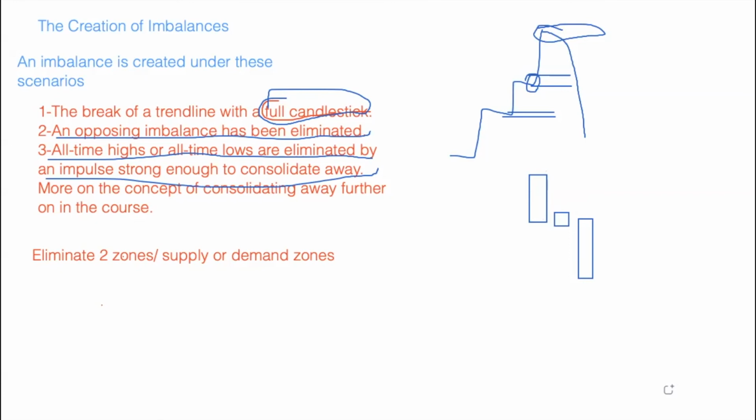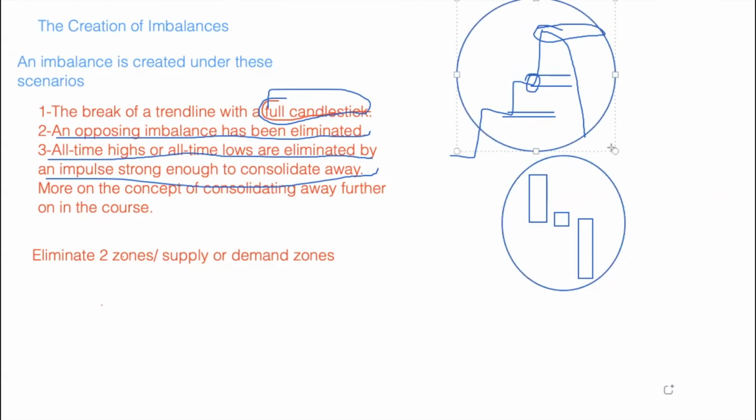So you can enter your positions based on this or based on these formations that are valleys and peaks, and these ones are continuation patterns.